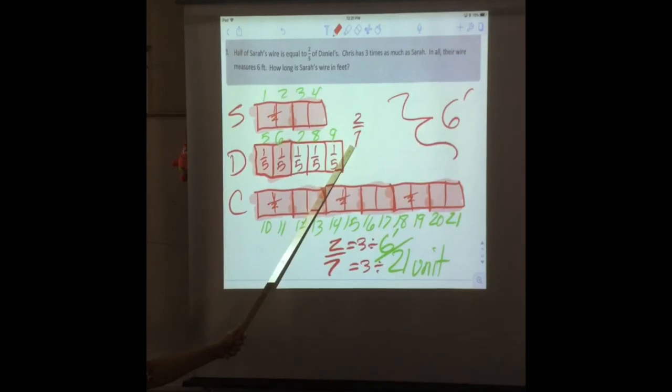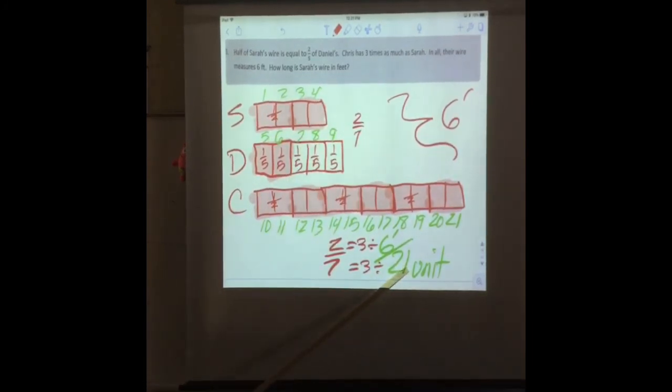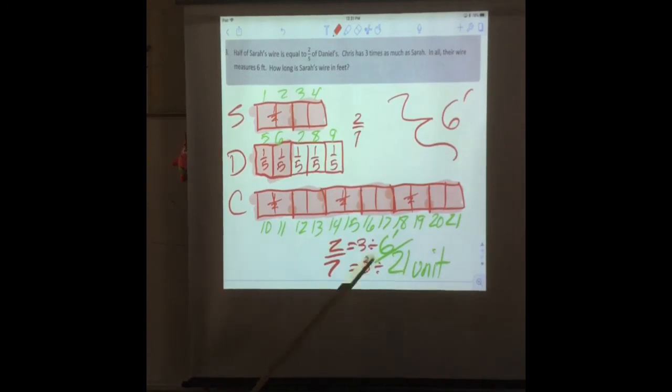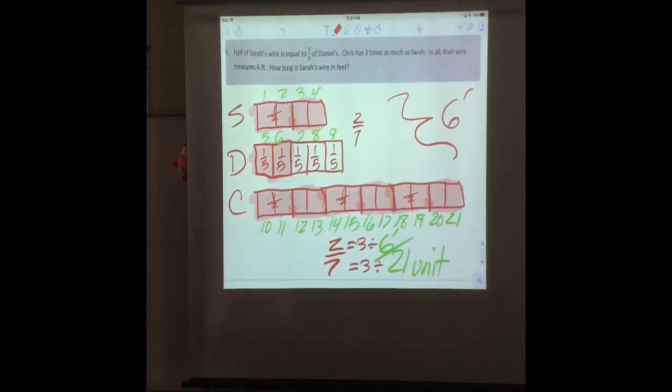Sarah's wire is 4 units of the 21, right? So we should be able to figure this out. We're going to multiply the 2/7 by 4. When we do this, here's the way we do it. We put a 1 below the 4, and then we can multiply the 2 times 4, and that's going to be 8.